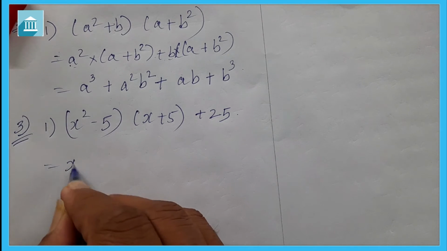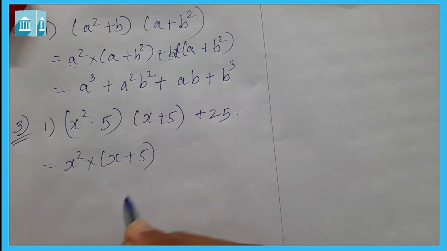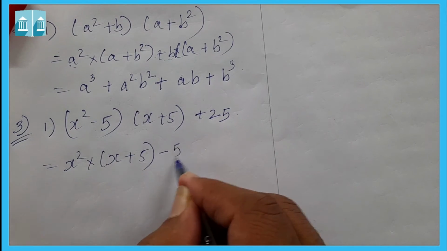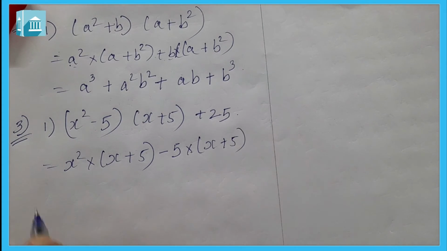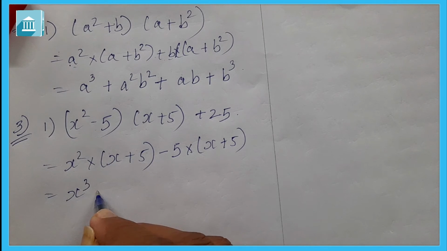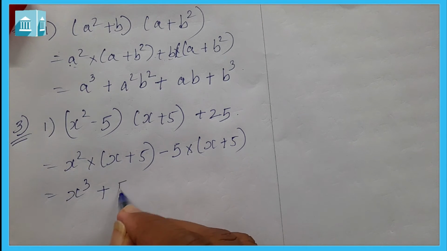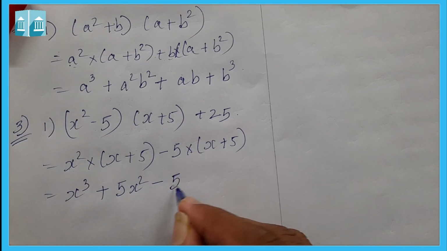So this will be x square into x plus 5 minus 5 into x plus 5. x square into x, that is x cube, plus 5 into x square, that is 5x square, minus 5 into x, that is 5x.